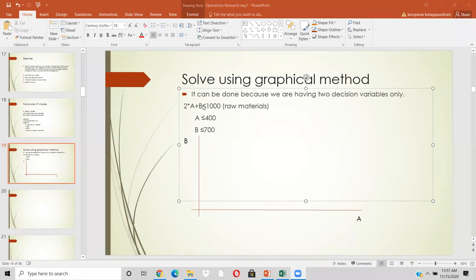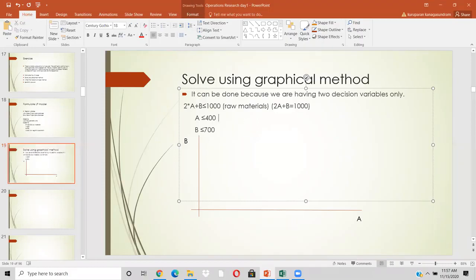For the graphical method, to draw the graph you write the constraint this way as an equation. No need to write it, just think of it as the line.